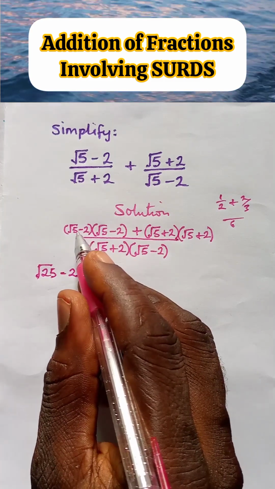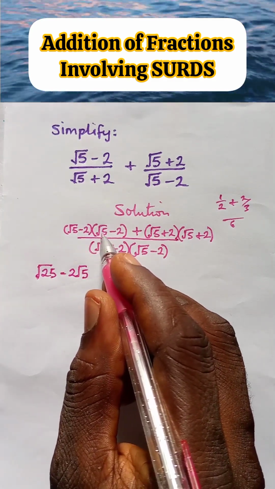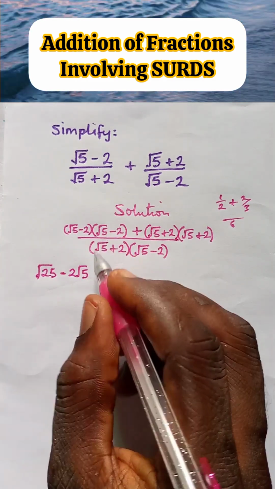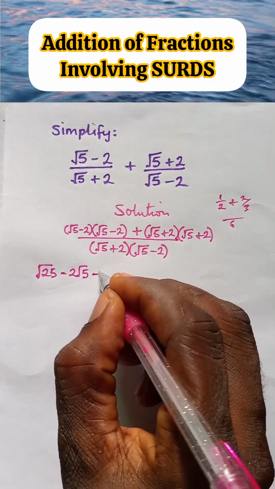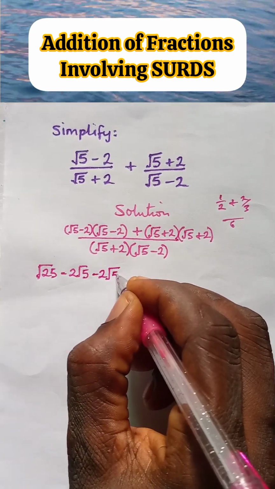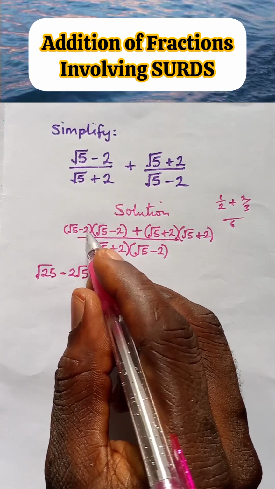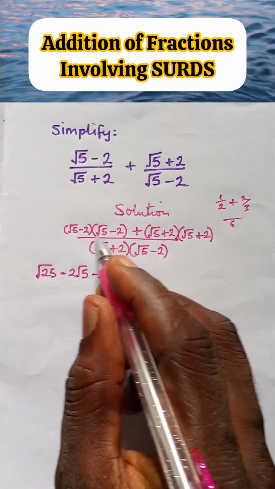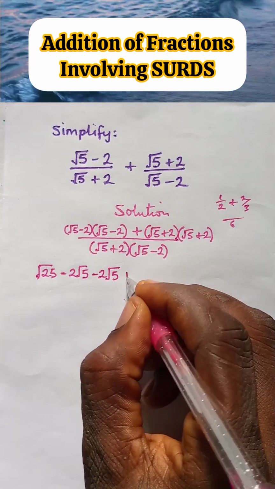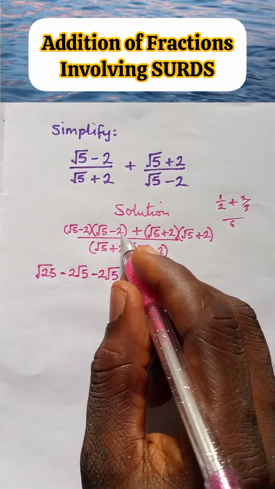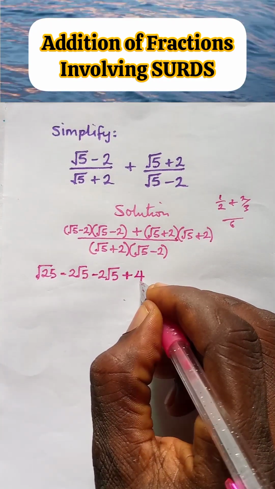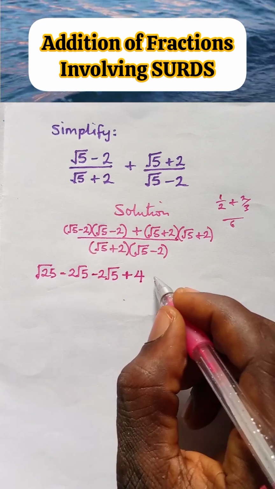Next is negative 2 multiplied by √5, which will give us minus 2√5. And then minus 2 multiplied by minus 2: first, minus times minus gives us plus, and then 2 multiplied by 2 is 4. We are done with this.